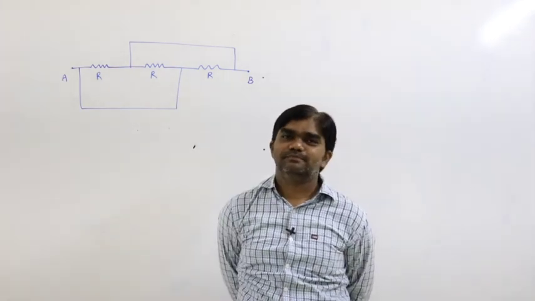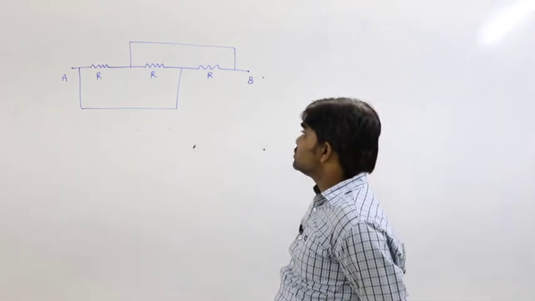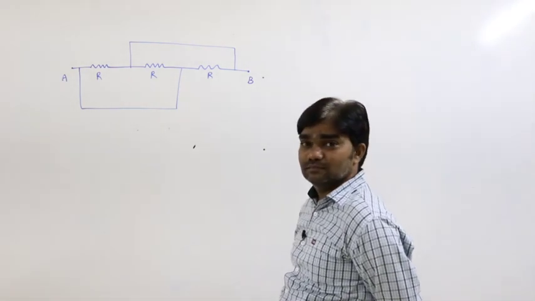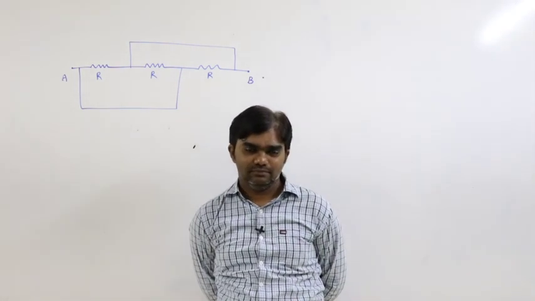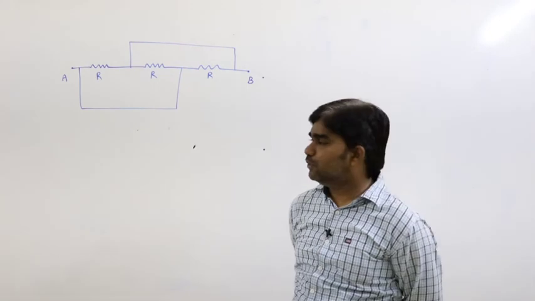Simple problem. So the connections are like that. Effective resistance between A and B. How can we do this problem?